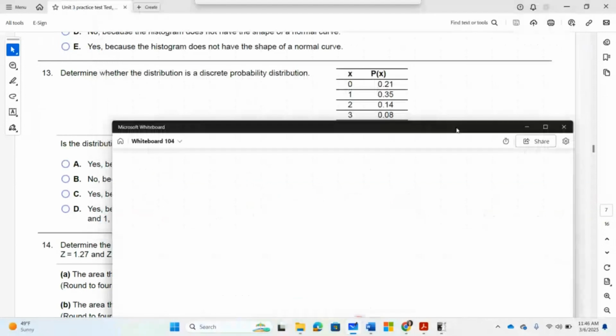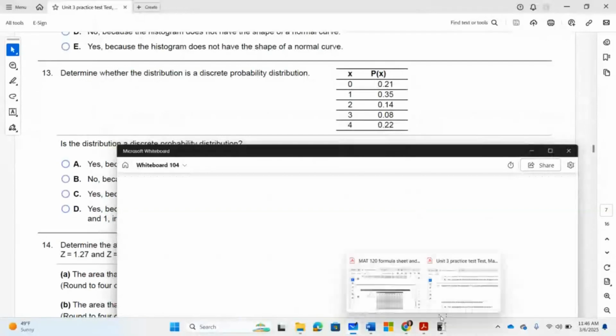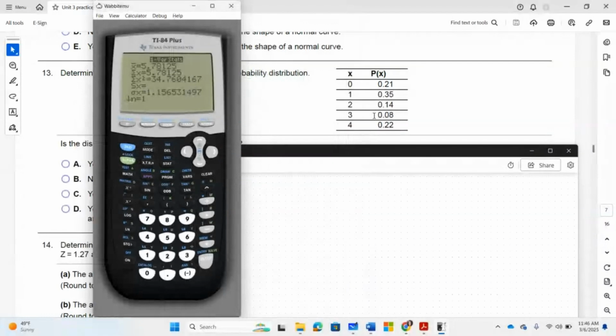Okay, so all I do is add all the probabilities. So I can actually put it in my calculator. So I'll go to my calculator. If the sum of all the probabilities is equal to 1, I will continue to answer other questions. Otherwise, I will stop there.